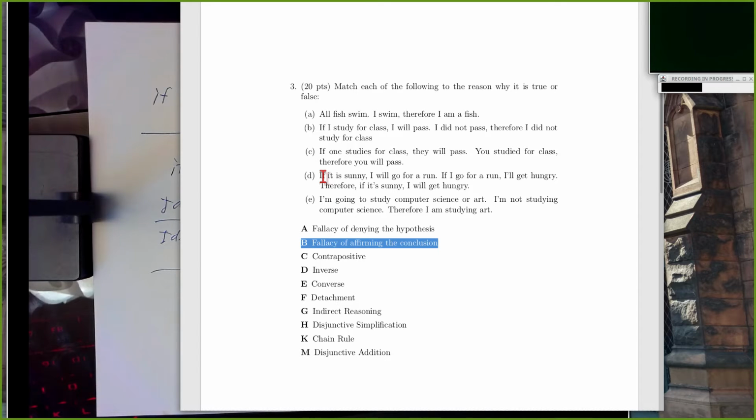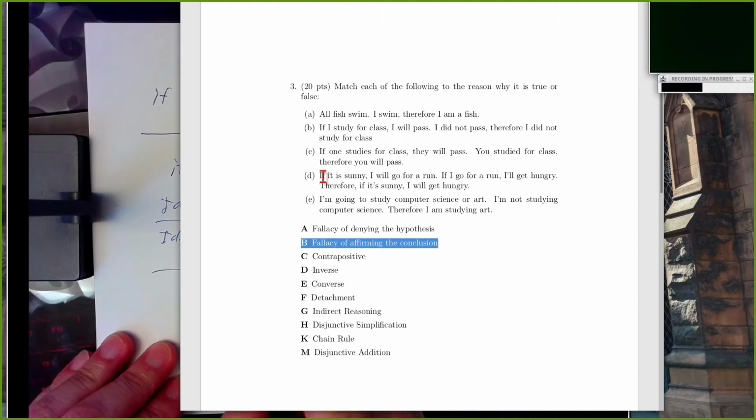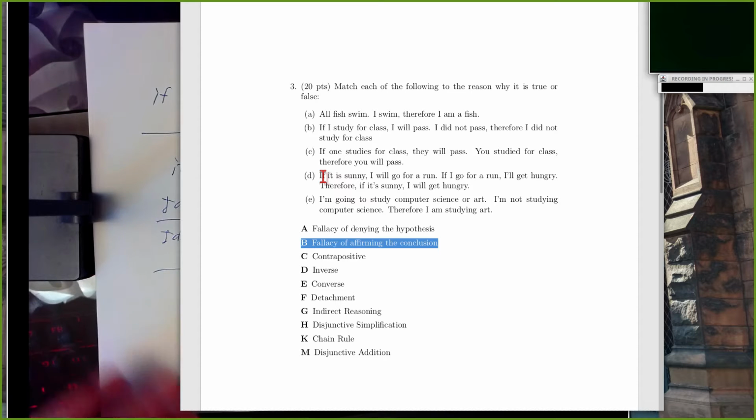Some people said contrapositive for this. And we can use the contrapositive to prove this, but it takes a few steps. To prove this using contrapositive, we would say S implies P, not P. Since S implies P, we can use the contrapositive of this statement and assert that not P implies not S. And then we could use detachment.